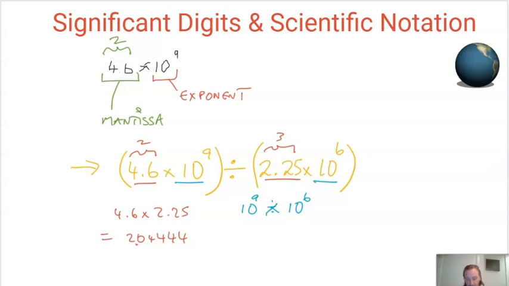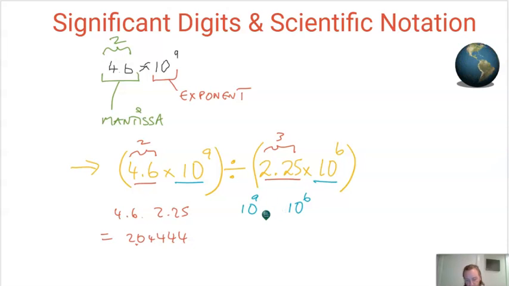We're going to handle the mantissas separately and then the exponents and see how we go. So there's 2 significant digits here, there's 3 here, so our answer must be in 2, which is the least significant. So you can get a calculator to do this as well, but we can take them separately.